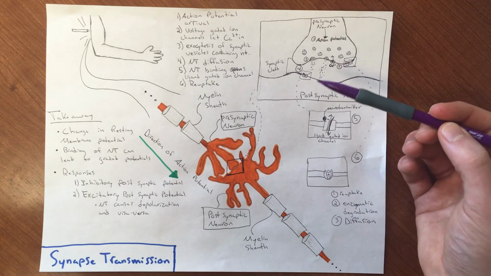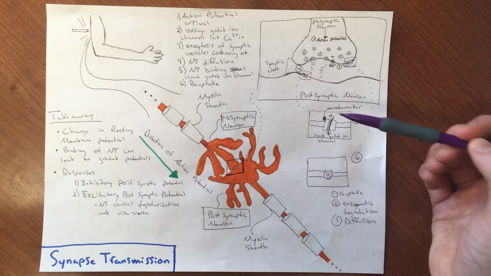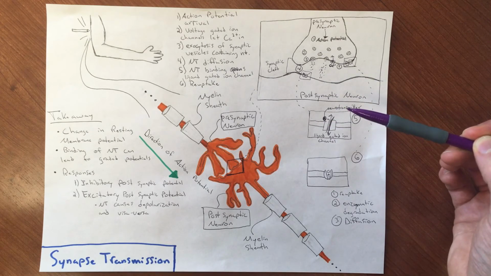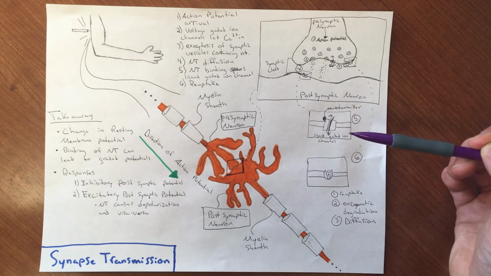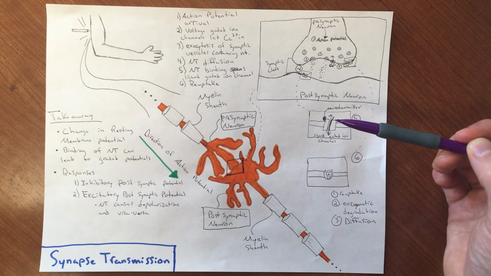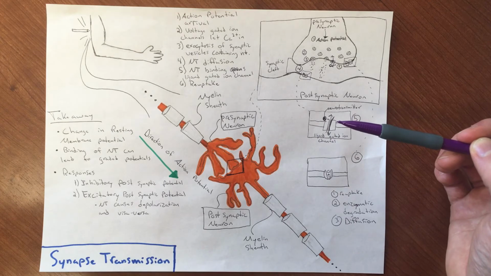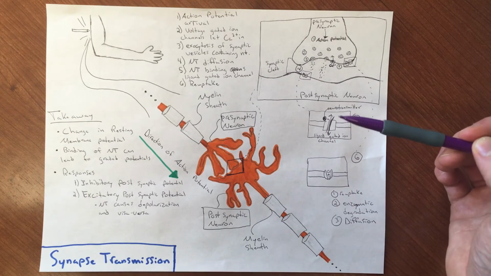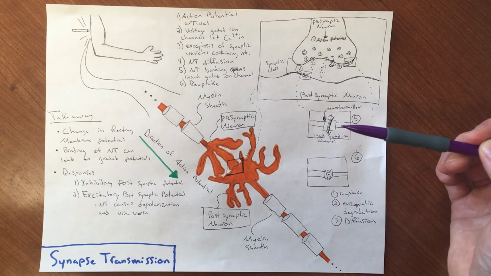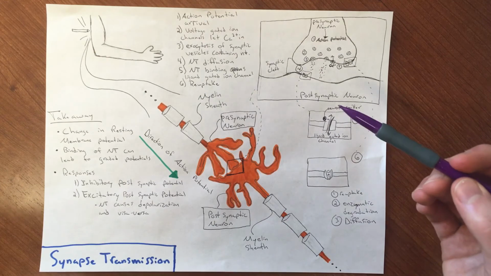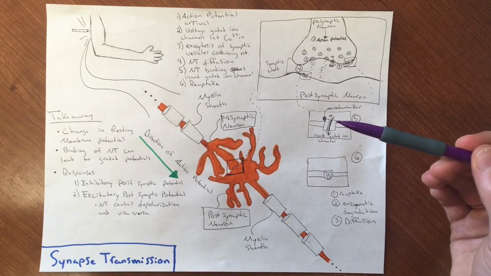This area right here is blown up, so this is the synaptic cleft, and then this is the postsynaptic neuron. The neurotransmitter binds to ligand-gated ion channels, and this allows a change in the ions: sodium comes in and potassium eventually goes out.